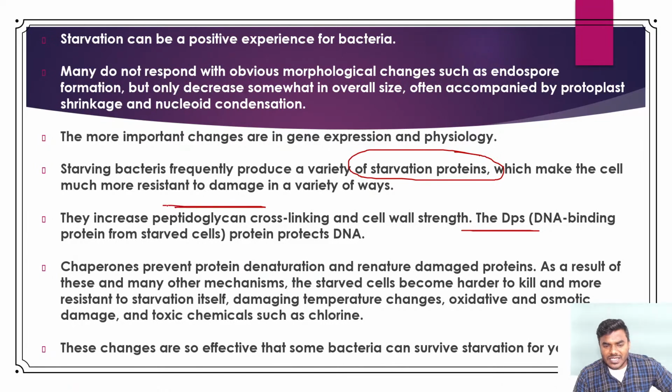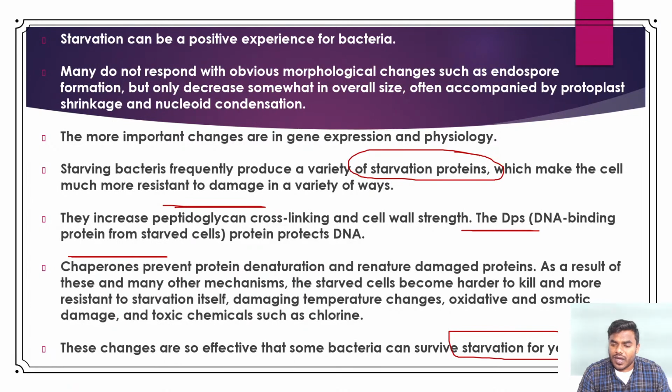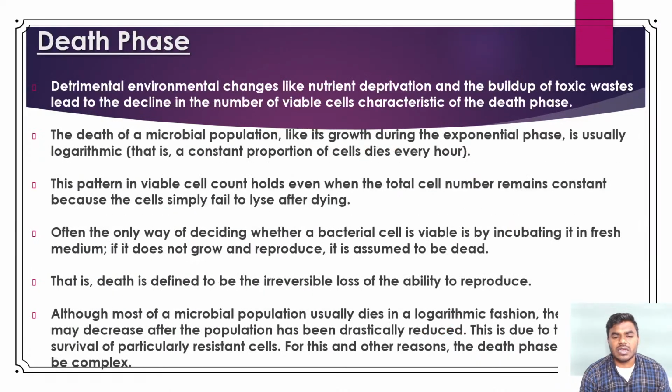Bacteria increase their peptidoglycan linkages, and most importantly, bacteria synthesize chaperones also. Because of all these, the bacteria become resistant in such a way that they can survive up to a few years in the phase of starvation only.